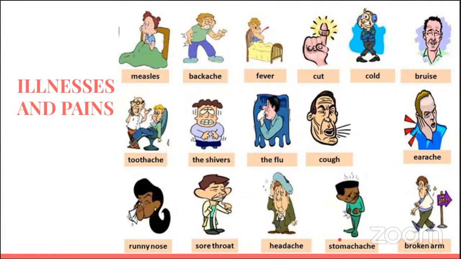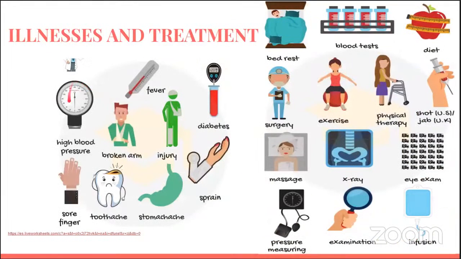Headache. Stomach ache. Broken arm. And here, high blood pressure. Broken arm. Fever. Injury. Diabetes. Sprain. Stomach ache. Toothache. Sore finger.